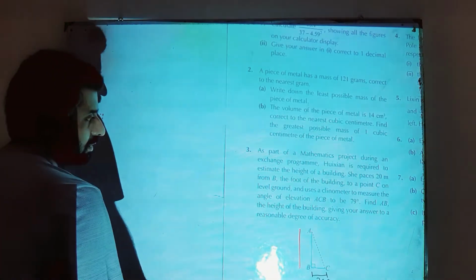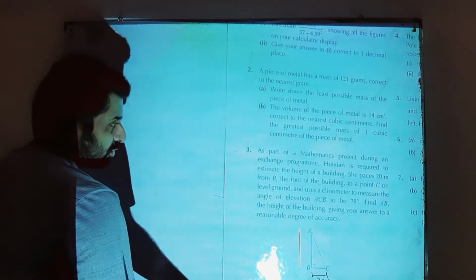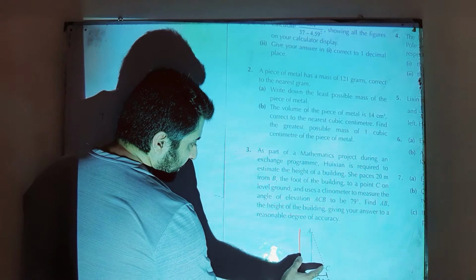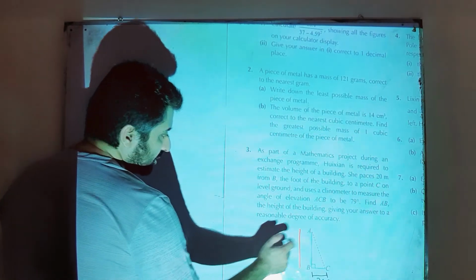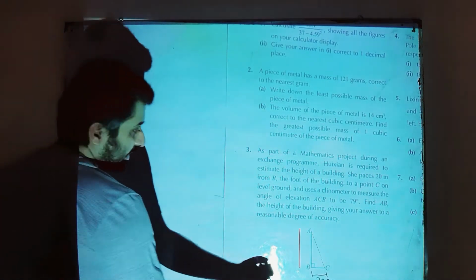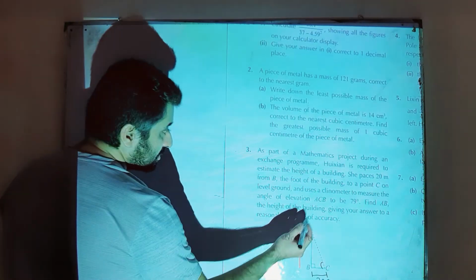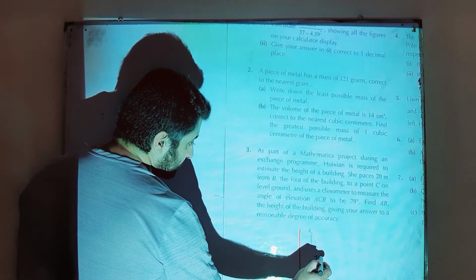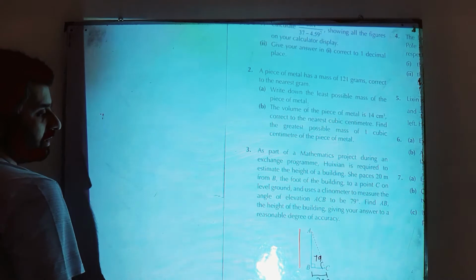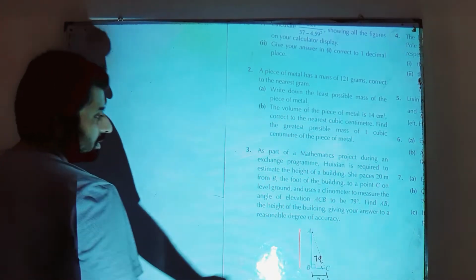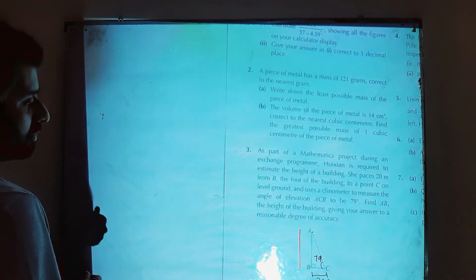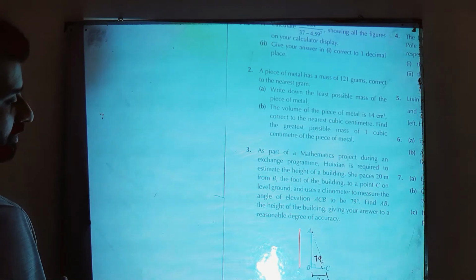With the help of a clinometer, she measured the angle of elevation from C to A, which comes out to be 79 degrees. Find AB, the height of the building, giving your answer to a reasonable degree of accuracy.